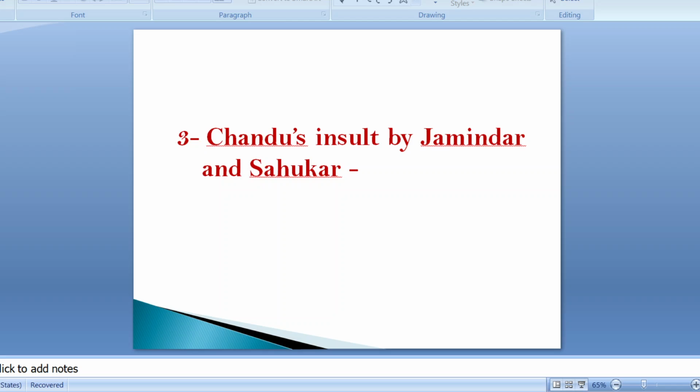Pandit Paramanand, another character of this story, from Chandu's own village and belonging to the higher caste, also insulted him. He said Chandu belongs to the lower caste, so he could not wear this dress.